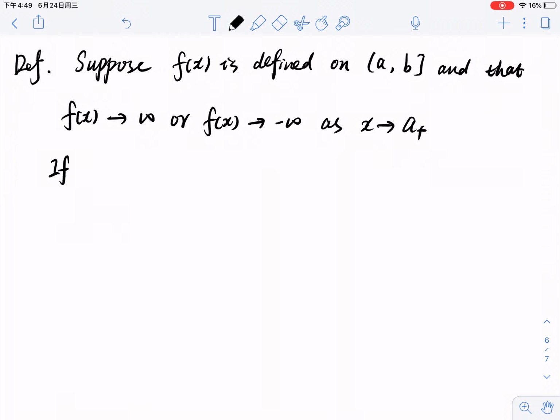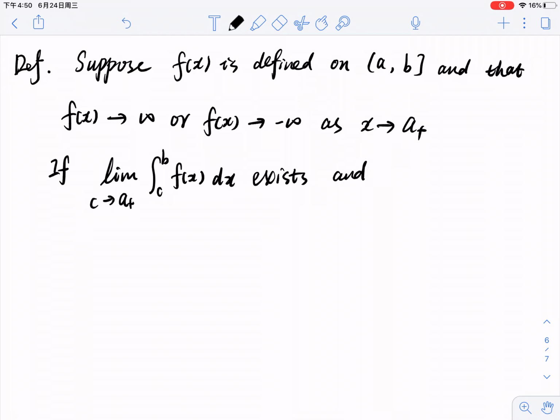If the limit of the integral of f(x) from c to b dx, as c goes to a from the right, exists and is finite, we say the integral of f(x) from a to b dx converges.